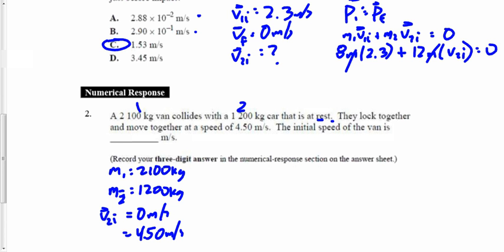Is it 4.5, Kira? Together, they lock together, they move off at a speed of 4.5. Yeah, it's going to be VF. So let's say PI is equal to PF, M1 V1I plus 0, because the second car is at rest, equals M total times VF.